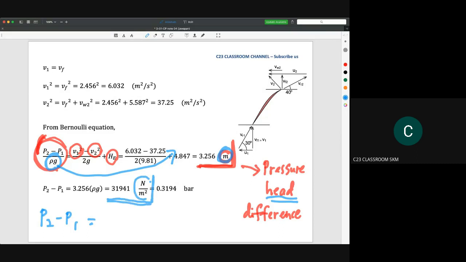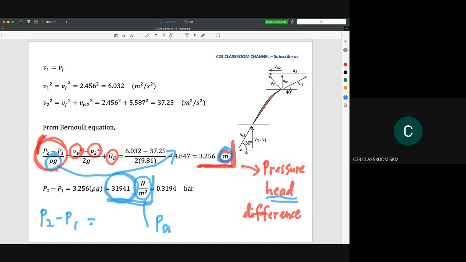Newton per meter square is actually equal to Pascal. Pascal is a common unit for pressure, and it is SI. Fortunately, the value is still the same because it is just converted from Newton per meter square to Pascal.